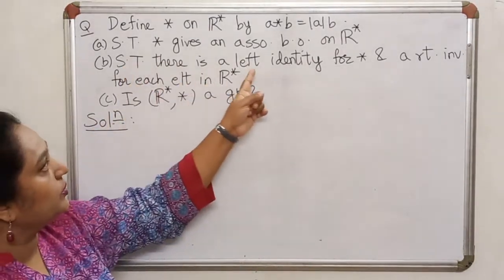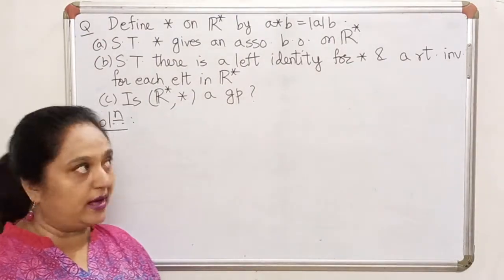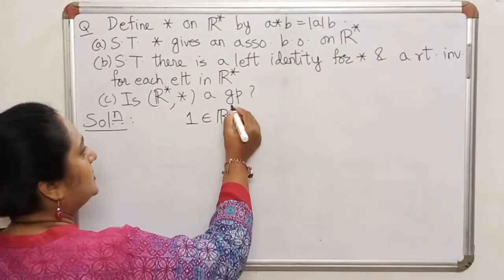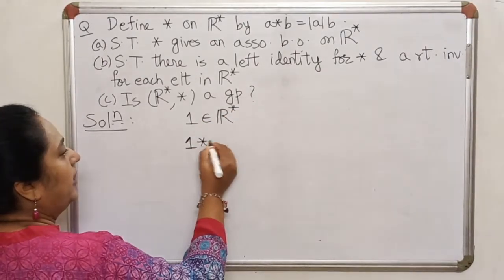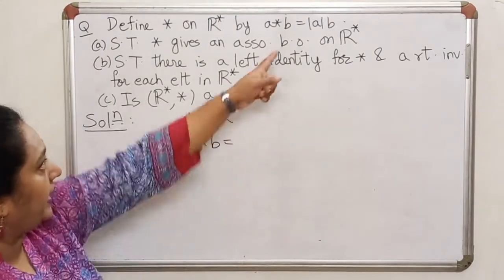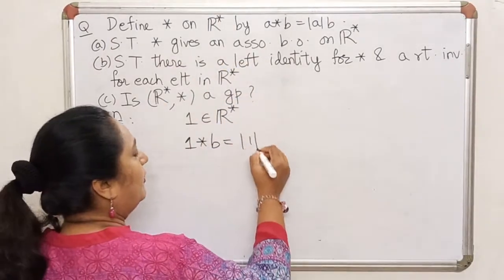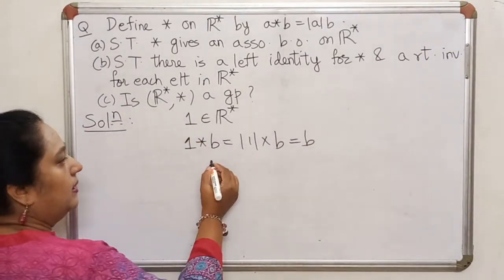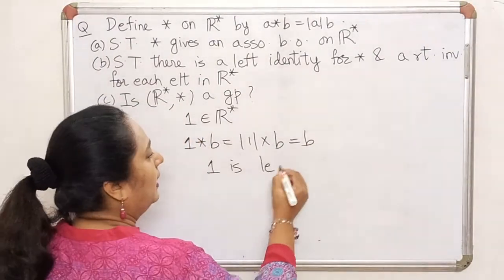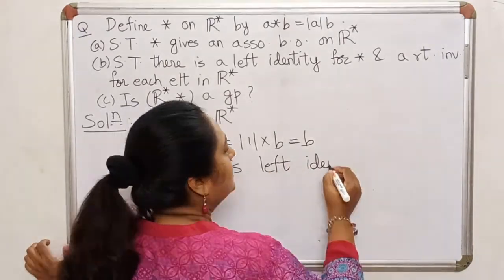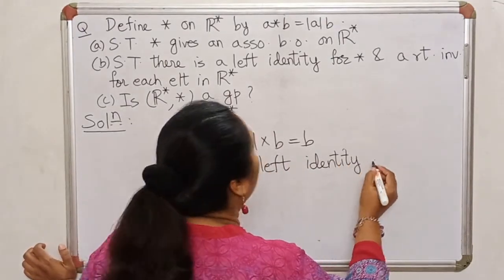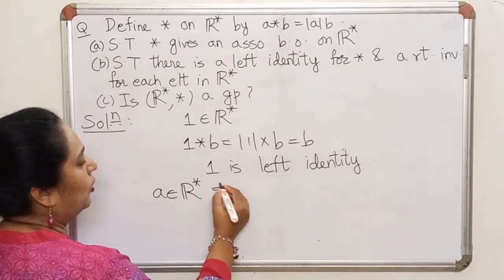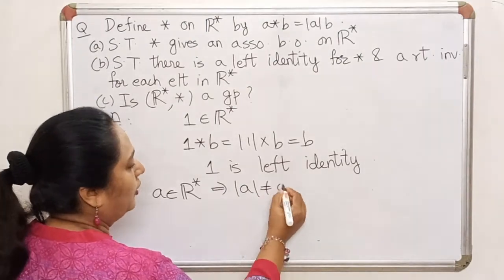Now we also have to prove that there is a left identity for star. I will quickly prove this. Look at the element 1. 1 lies in R star, and let's combine 1 with any other element. By definition, this is modulus of 1 into B, which will be the same as B. So this element 1 is my left identity. Similarly, for every element A in R star, because A is not 0, modulus of A also cannot be 0.